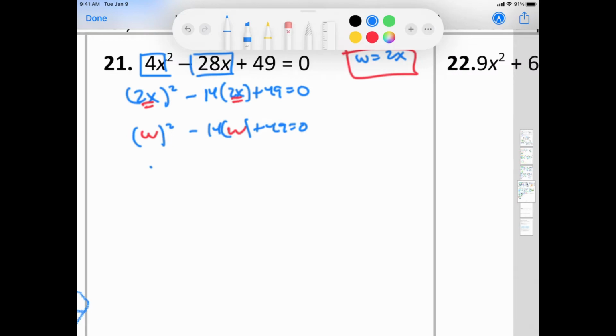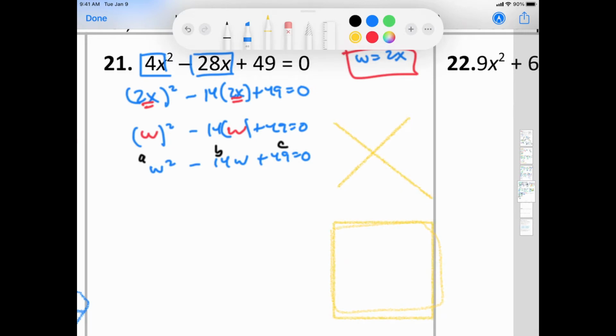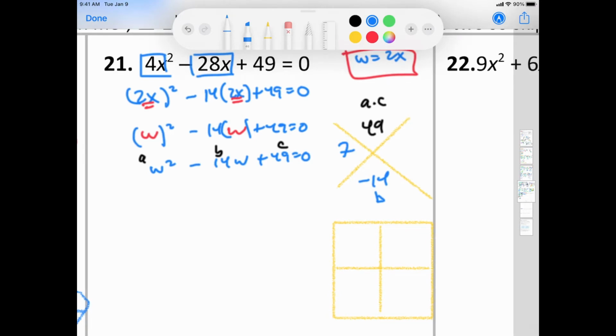And those parentheses go away, right? And then you can just do your A, B's, and C's. A is 1, B is negative 14, C is 49. Did anyone pick up the trick on this X box method? So you have A times C, which is 49. My B value is negative 14. My two numbers would be identical.